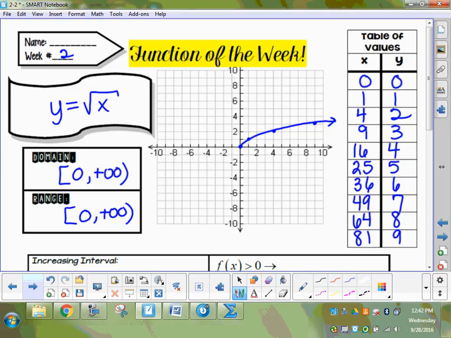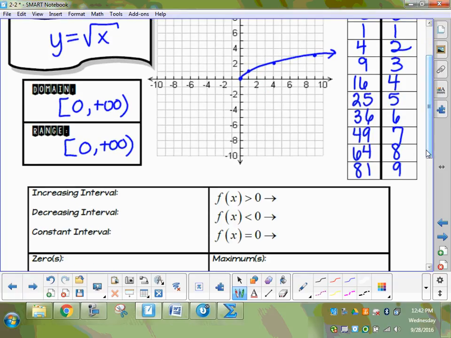Next one up, when is this increasing? Remember, it's only as you move left to right. Who can tell me when this is increasing, from where to where? From where to where does this increase? As I move left to right, when am I stepping higher than I was before?